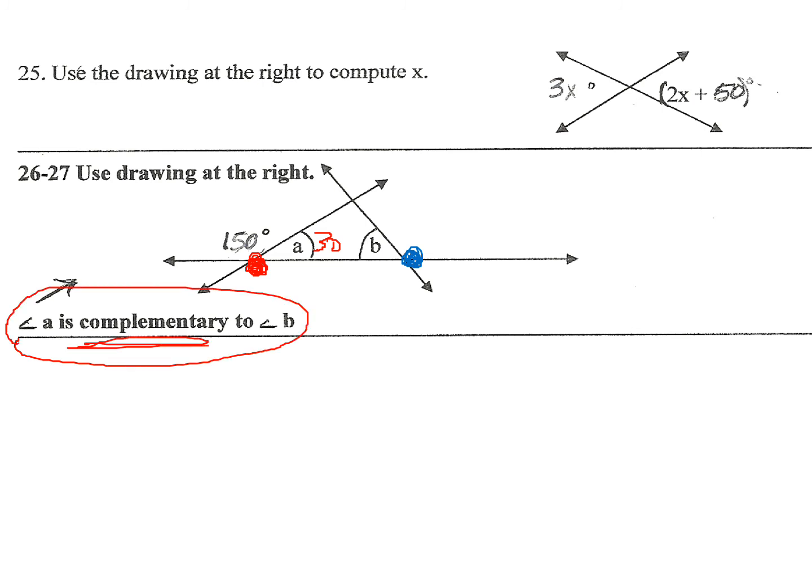It's telling you they are complementary. Are they always going to be complementary? No. On another problem, it might not match at all or have anything to do with each other. So complementary means they add up to be 90. I got 30, so that gives me 60 for B. So B is 60.